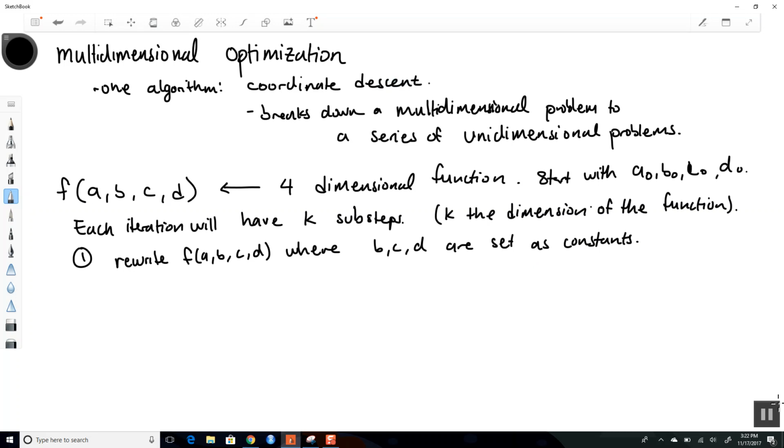So you set everything else as a constant, and you allow only the first variable to be the only thing that varies. Okay, so this just becomes a function of just A now, right? If B, C, and D are set to be constants, then the function is no longer a function of 4 variables, but it's a function of only 1 variable, because everything else has been set to a constant. Okay, so now you have a unidimensional function.